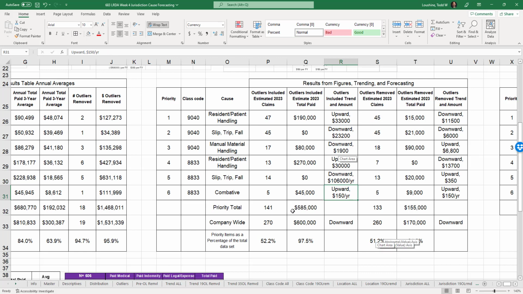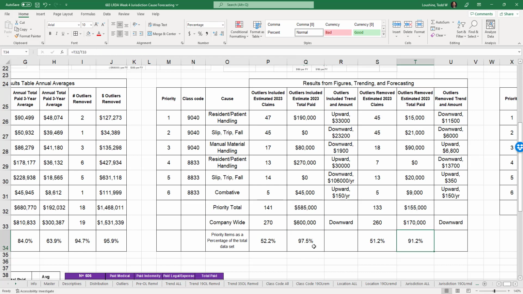And then I've got the totals, just like I did before. I've got the company-wide. So then I took the totals, or the forecasted totals, from the figures that we made when we did the trending. And again, we're at a very good percent represented here. Primarily, the estimation has to do with the outliers included, outliers removed.